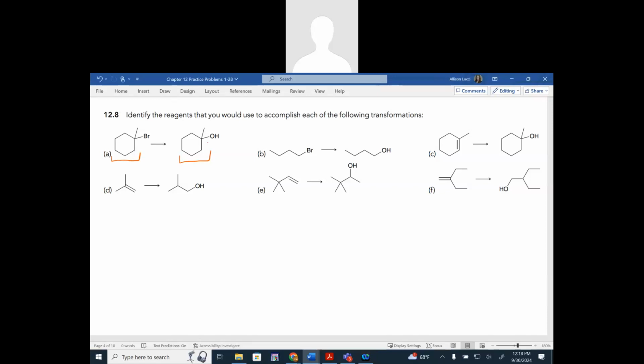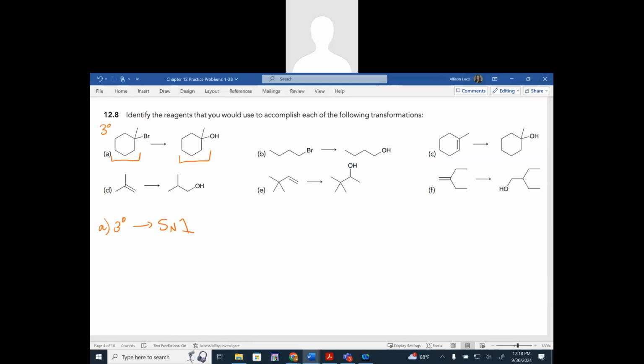And since our substrate is a tertiary alkyl halide, we would know that this reaction specifically would be an SN1 mechanism. So far we know that a tertiary alkyl halide would follow an SN1 mechanism for our substitution. And we know that a weak nucleophile would have to be used to favor a substitution.